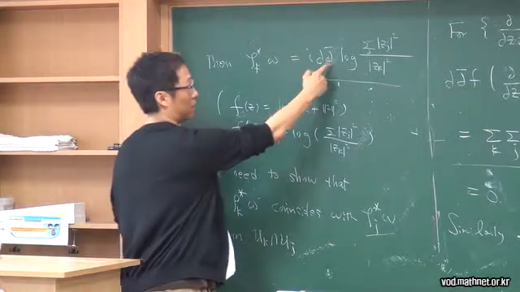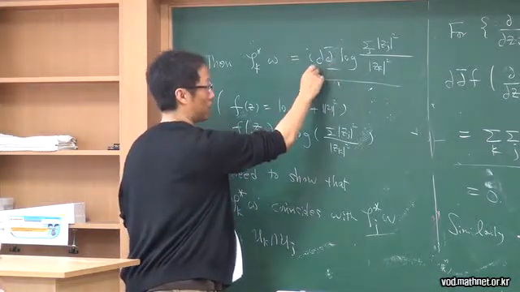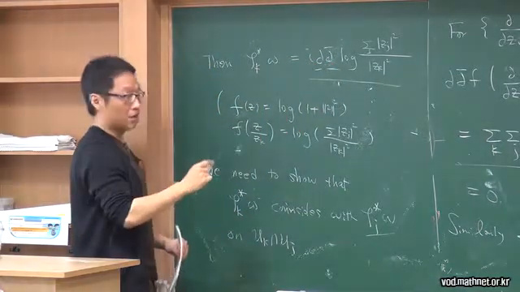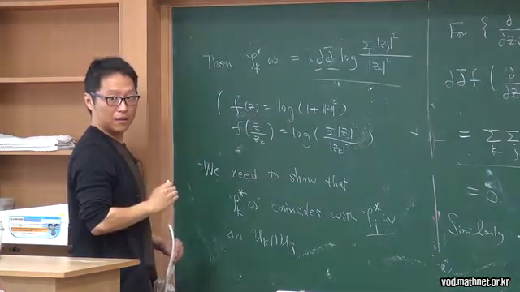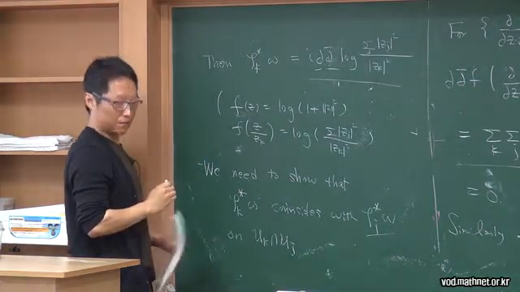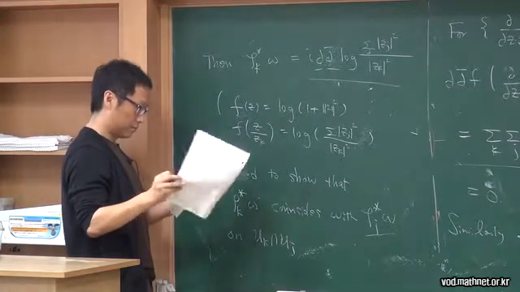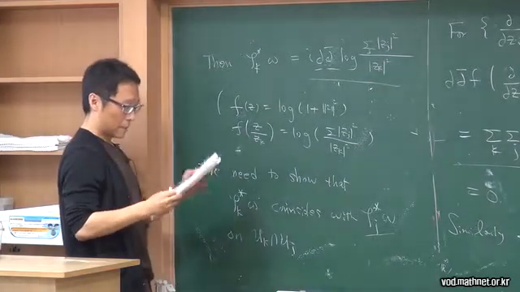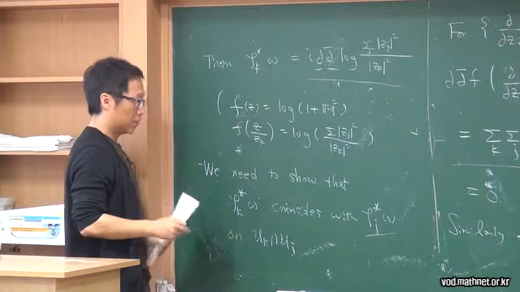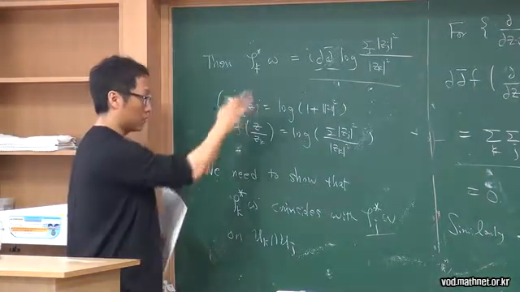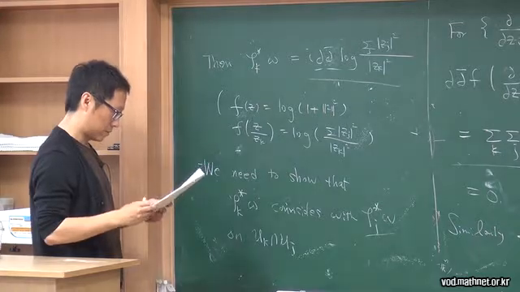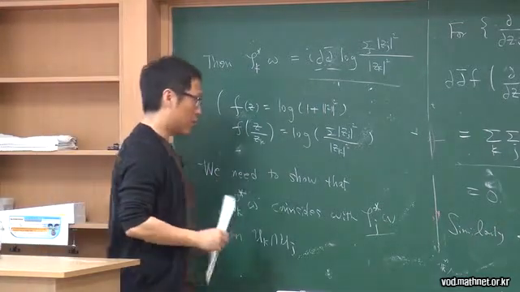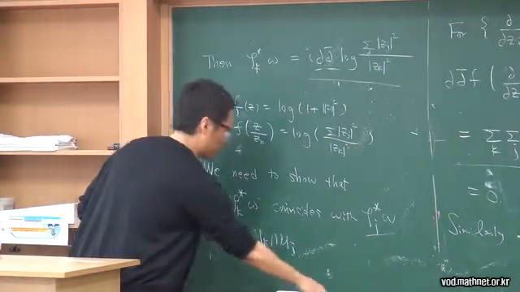But if we take a Dolbeault operator and the holomorphic differential, then the k and j parts vanish. So it coincides with this part. And we call this form a Fubini-Study form.